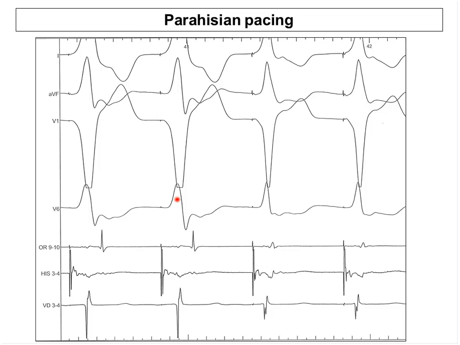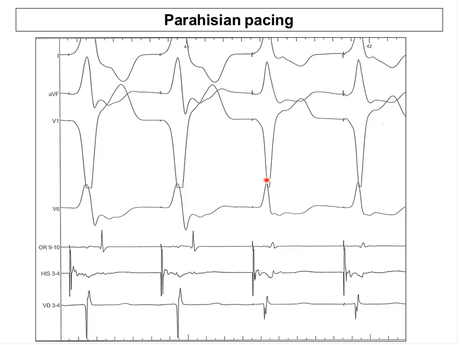Now, what we have to do is look at what is the reflection of this change in the QRS morphology in the VA interval. If there is no abnormal structure between the ventricle and the atrium, when we capture the His, we will obviously short-circuit the structures between the ventricle and the atrium.